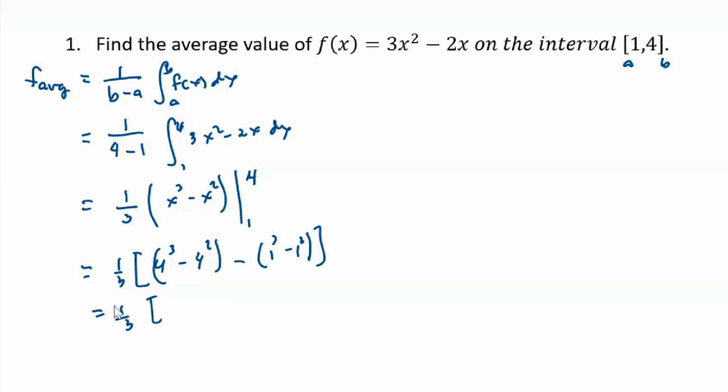Let us find the answer for 4 cubed minus 4 squared. It gives us 48. And then 1 cubed minus 1 squared is 0. Therefore, we have 1/3 of 48. Then it gives the final answer of 16. So this is now the average function value of the given.